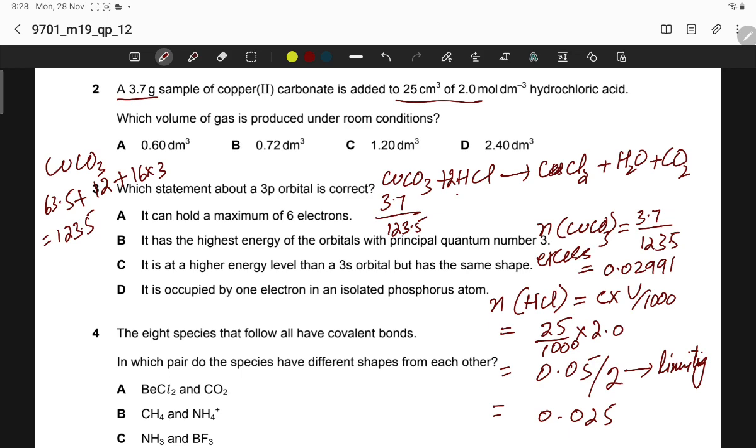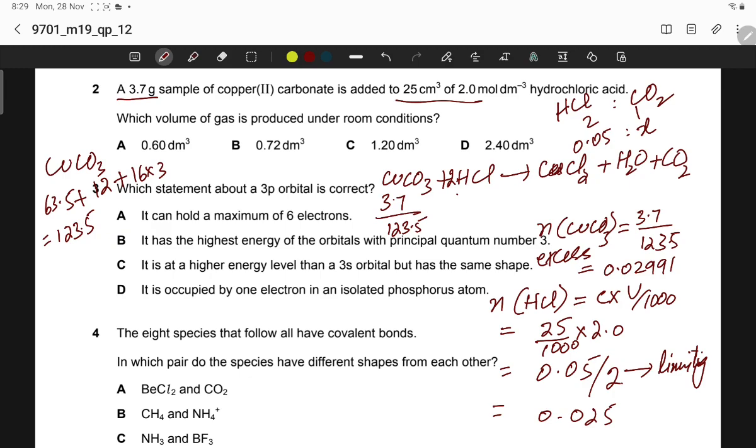So by using the mole ratio with the limiting reactant, HCl to carbon dioxide, because copper 2 carbonate is in excess, we choose the limiting reactant because the limiting reactant determines the amount of product. The ratio is 2 to 1, 0.05 to x.